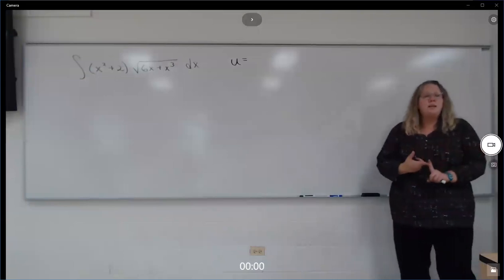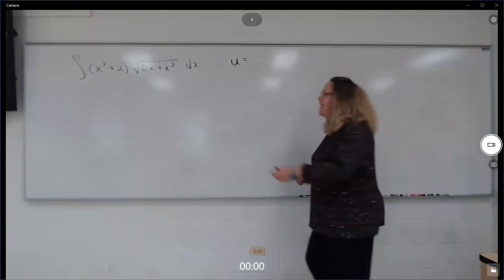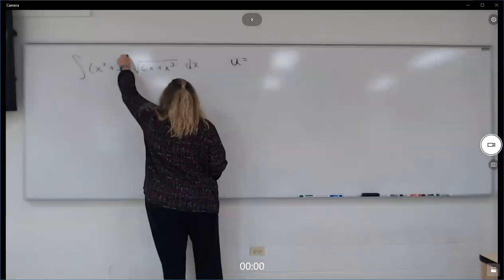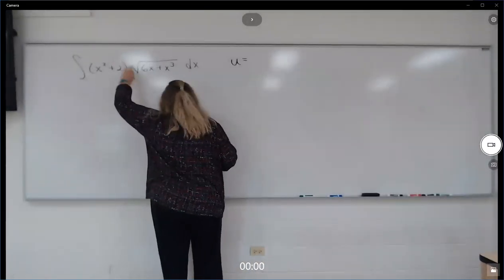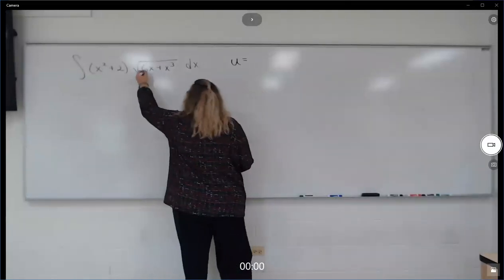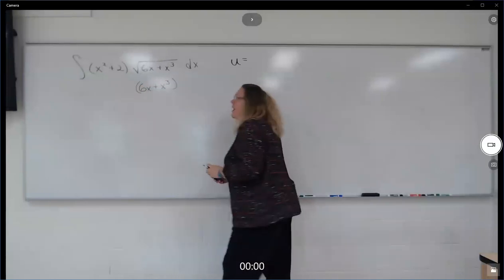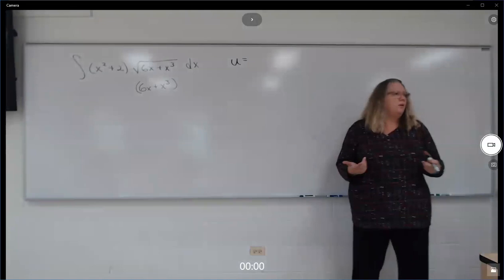Now, do I take the square root as part of the U? No. But because it has that extra piece, now, if this had something as simple as a 5, that has an extra piece too. But what is this? Remember, 6x plus x to the 3rd, that has an exponent. What is the exponent? 1/2.